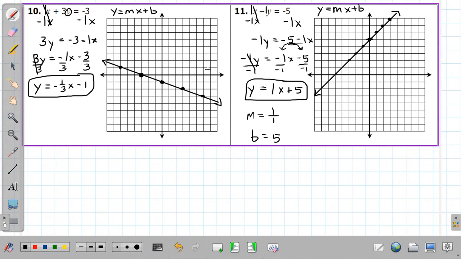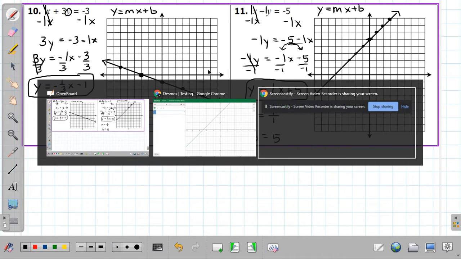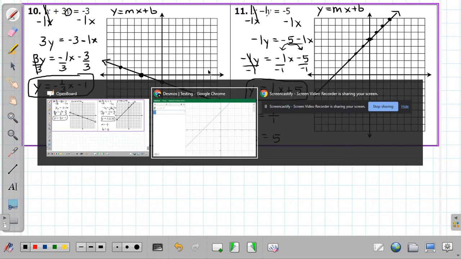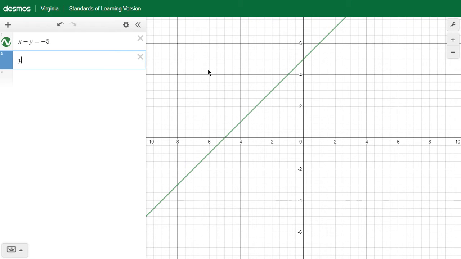Well, once again, if we're unsure, graph both of those equations. We already did x minus y equals -5. So now let's do y is equal to 1x plus 5, or x plus 5. So y is equal to x plus 5. And you get the actual same thing. The green line is covered up by the, I guess it's a purple line, okay?